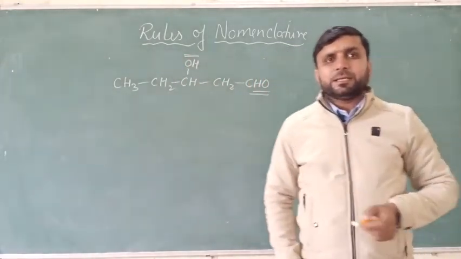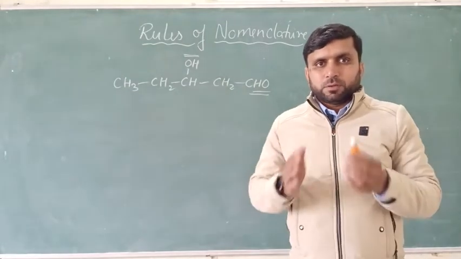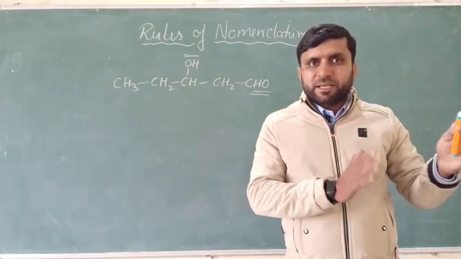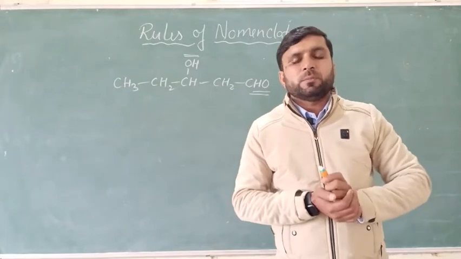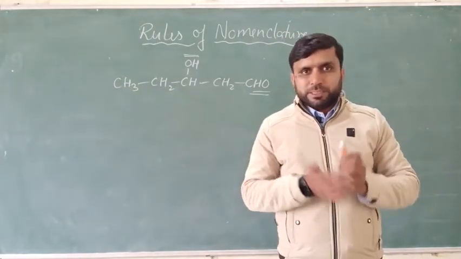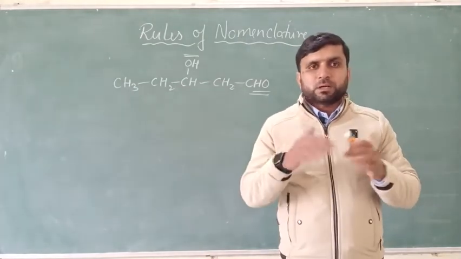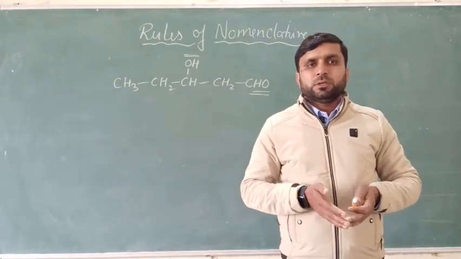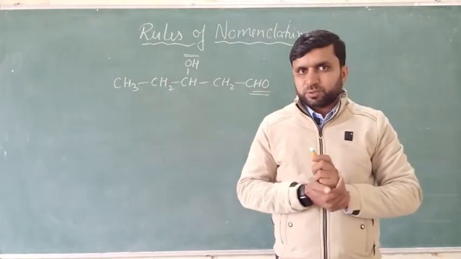So if any organic compound contains more than one functional group, what is the rule? One functional group will be considered the main functional group, and the remaining, whatever their number, will all be treated as side chains. As you know, the name of a side chain must be written before the root word, so all the other functional groups which are considered branches must be written before the root word along with their position.